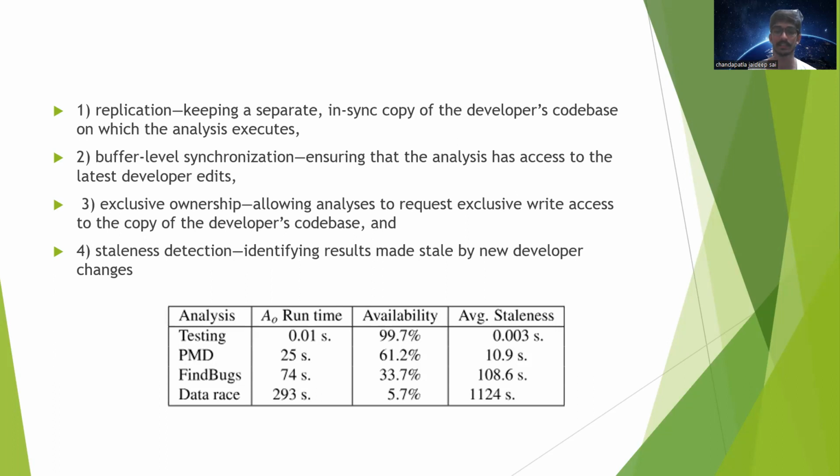For data race, the runtime is 293 seconds, availability is 5.7%, and average staleness is 1124 seconds. So it takes a lot of average staleness time for data race, that is 1124 seconds.